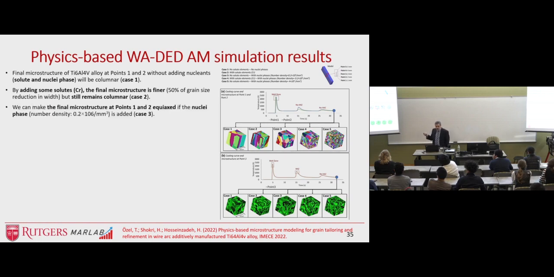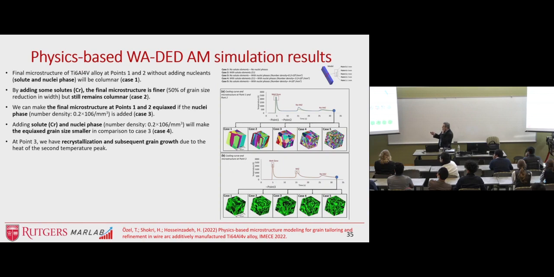When we get the final microstructure equiaxed, if the nucleophase is added, so this is case 3, you see that the grains are larger but equiaxed. So in that case, we can start to make them smaller, because if we refine the grains, we can improve the strength of the 3D built microstructure.